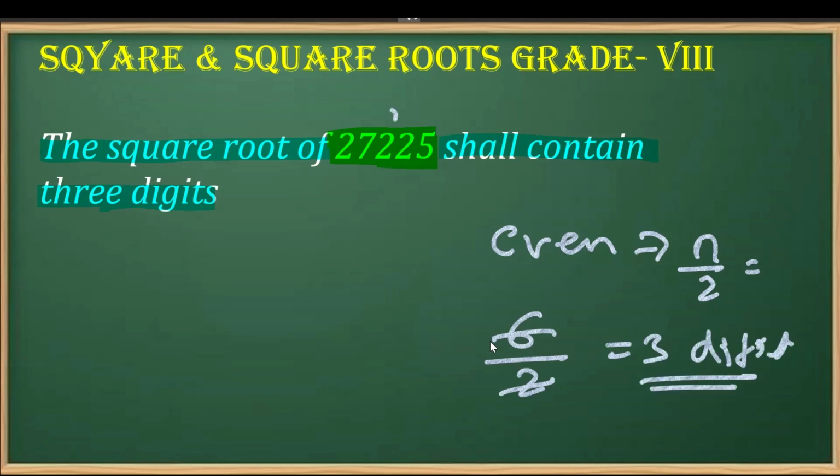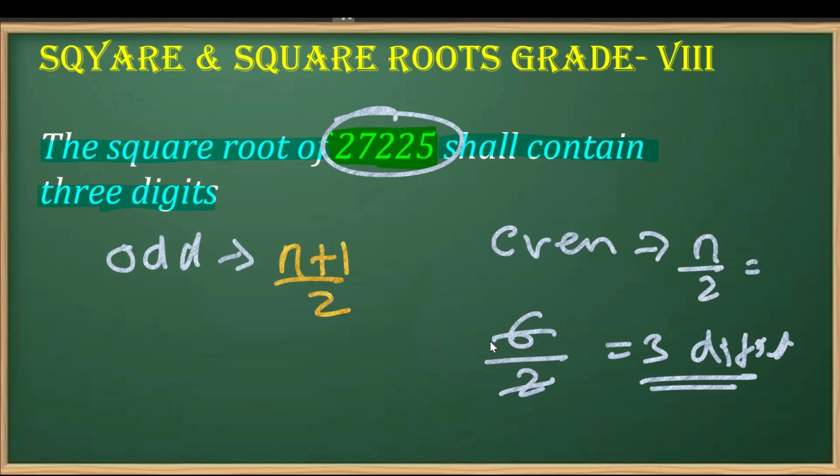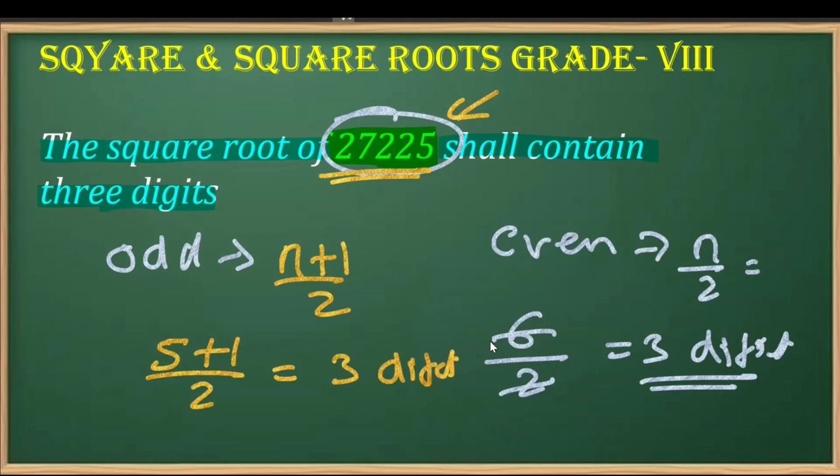In case of an odd number of digits, the rule is the number of digits plus 1, divided by 2, gives the number of digits in the square root. Over here, it is a 5-digit number. So 5 plus 1 is 6, divided by 2 is 3. So it should be a 3-digit number, and this is what they have written. So this is a correct statement.